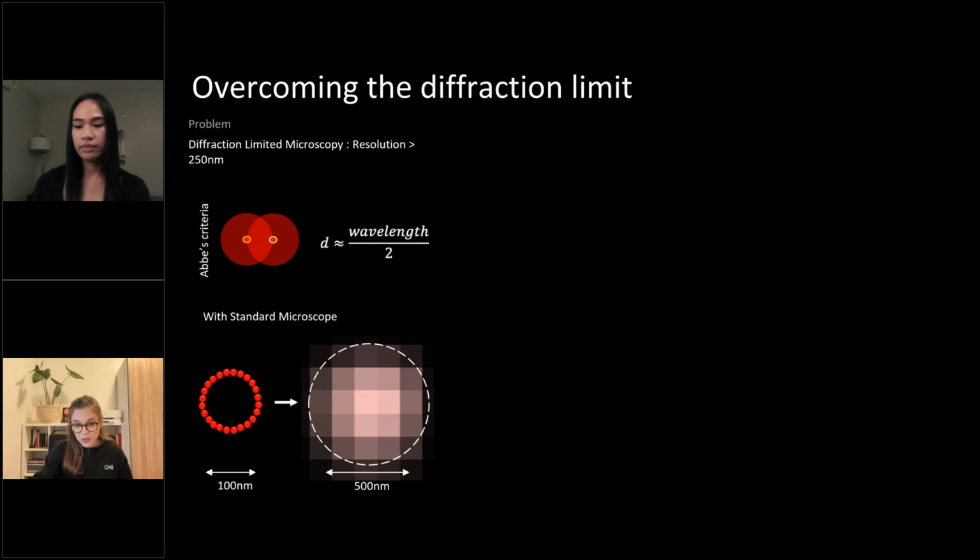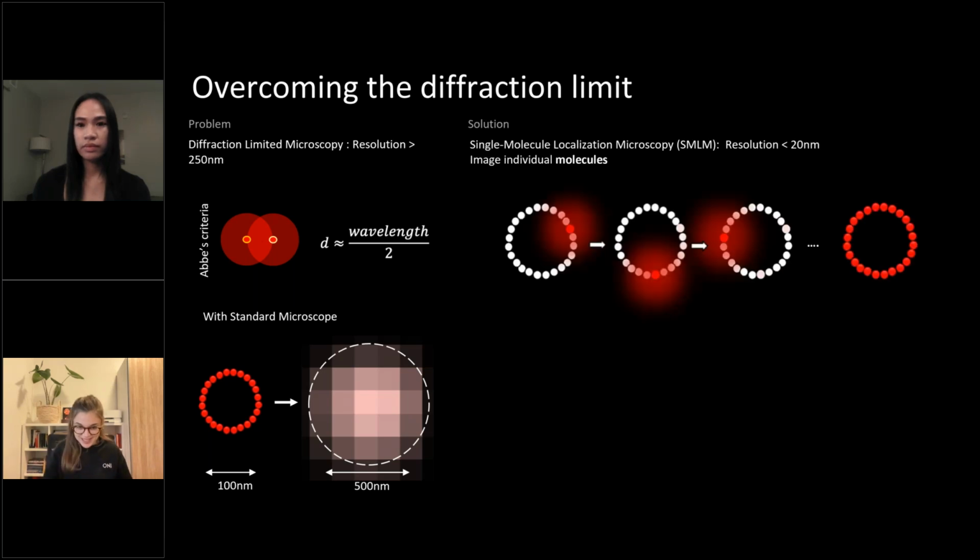How does single molecule localization microscopy come into this? We are not breaking any physical laws. Physical laws are what they are, but some scientists discovered a way to circumvent them. Instead of imaging your sample by looking at all the fluorescent intensity at the same time, the trick here is to divide the fluorescence in time.